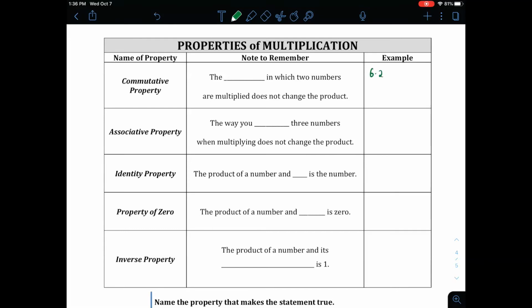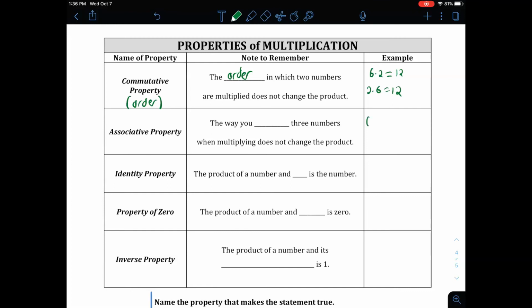For example, we had 6 times 2 equals 12, and 2 times 6 equals 12. What did we change in those two problems? We changed the order. So the commutative property, the word we remember for that is order. It's not the order property, it's the commutative property, but we remembered the word order to help us figure out what it's going to be.